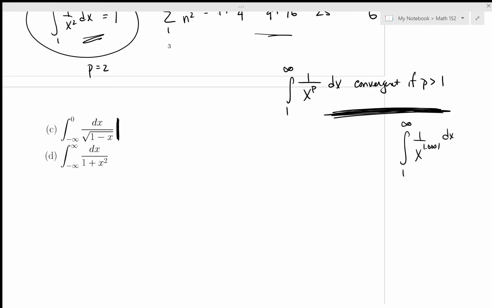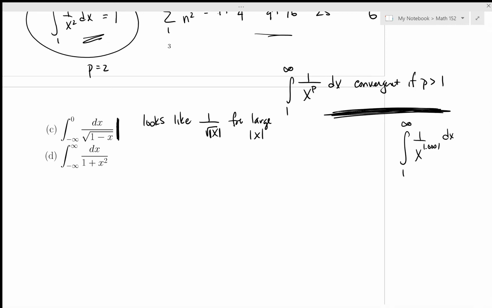Okay, so I'm looking at this one, and I'm thinking, x is going to get large, so what does this look like? It looks like 1 over the square root of x for large x in absolute value. I'm caring too much about the minus sign. I mean, I'm going to minus infinity, and I got minus x.